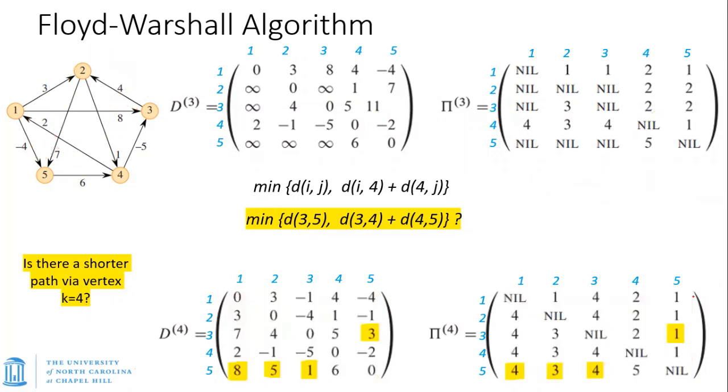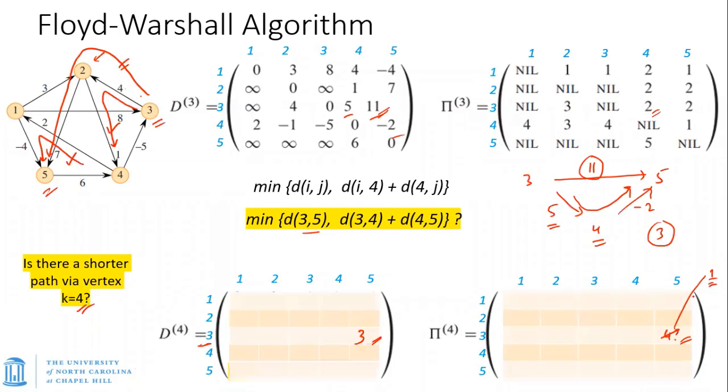So the predecessor matrix, I don't know who raised their hand first. Okay, what's the question? Instead of the K value?